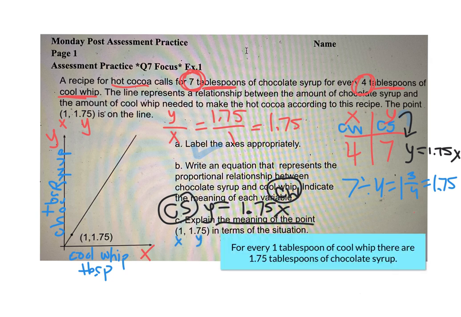So there you have it. For every 1 tablespoon of Cool Whip, there's your 1 of Cool Whip on the x-axis, there are 1.75 tablespoons of chocolate syrup, because again, Y stands for the chocolate syrup. And we are done.